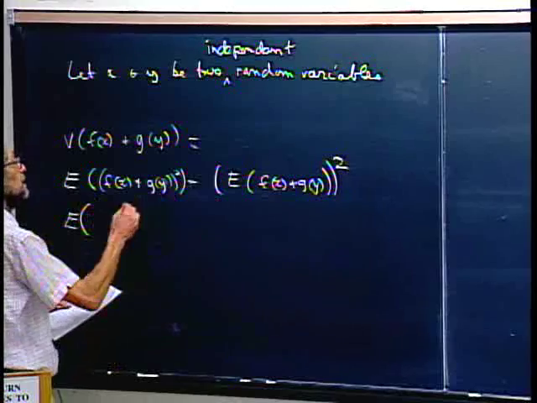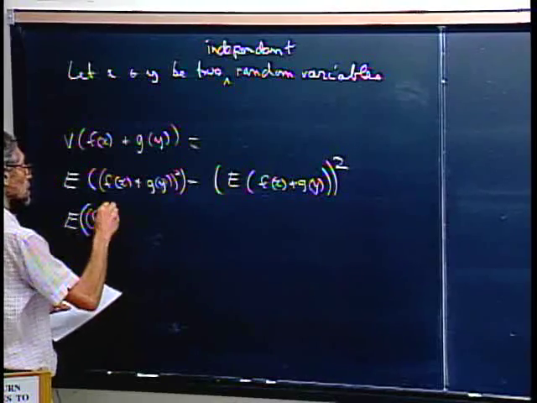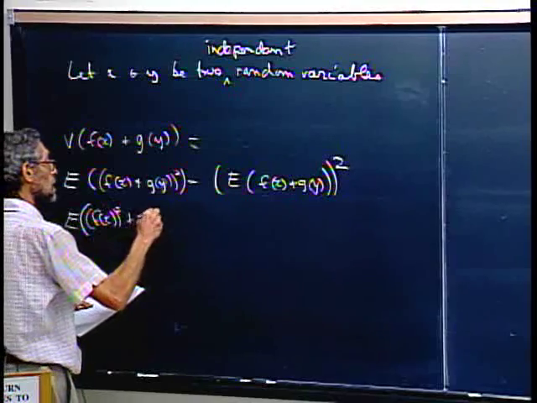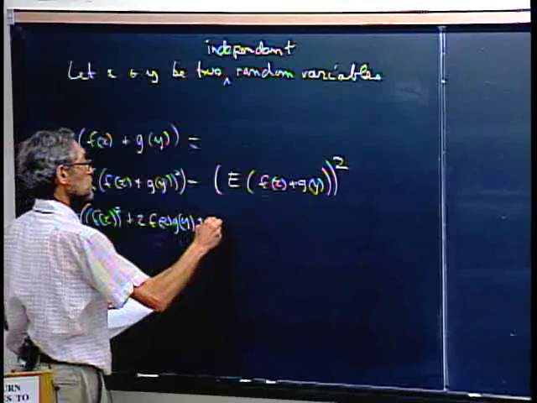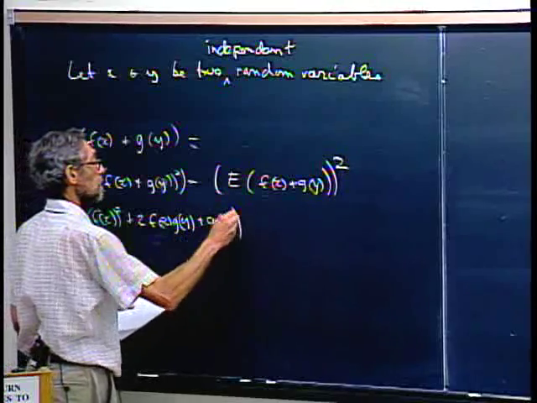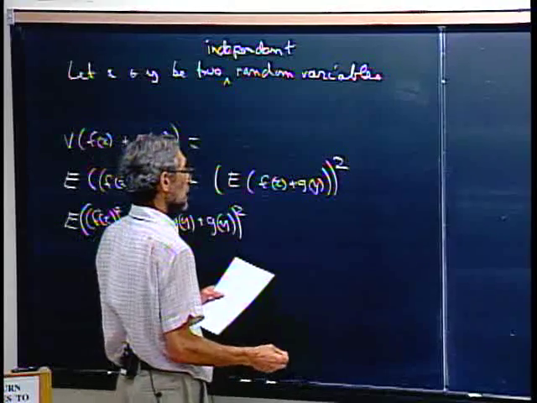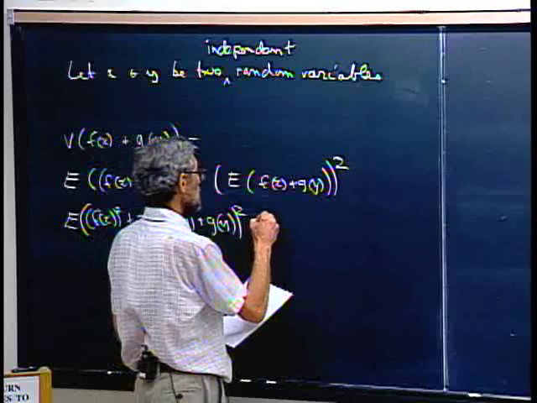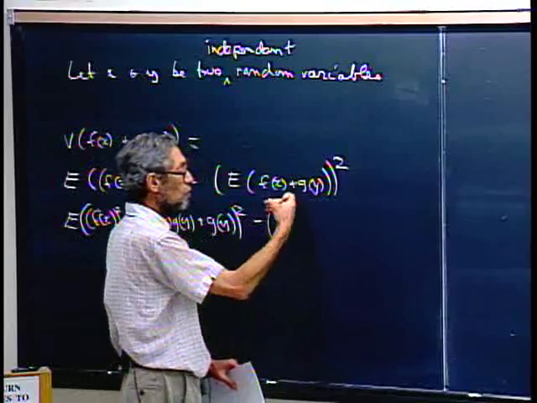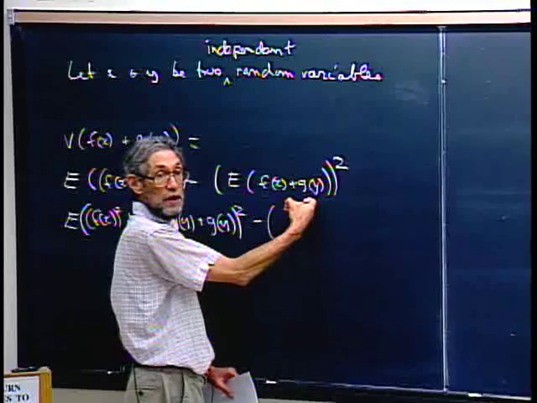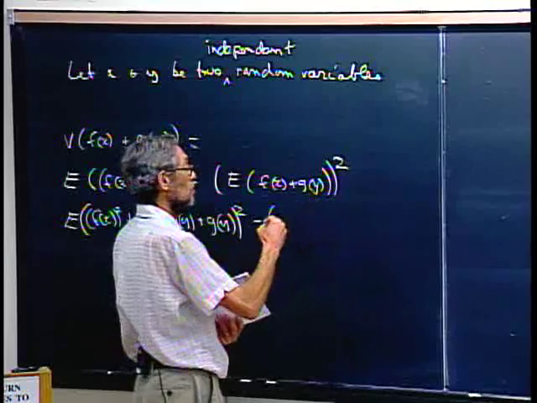I'm just going to multiply this out. f(x) squared plus twice f(x) g(y) plus g(y) squared. And for here, what can I do? For here, I already proved last time, if you have the sum of 2 random variables, whether they're independent or not, the expectation just comes out because it's really just a sum.